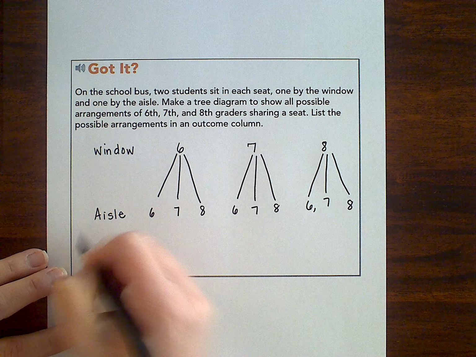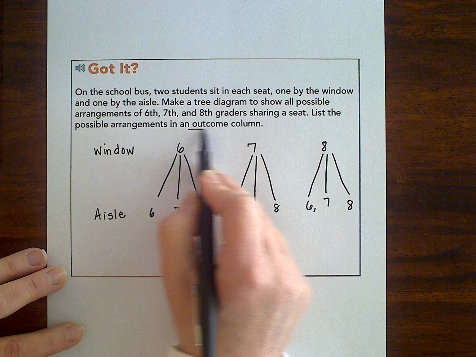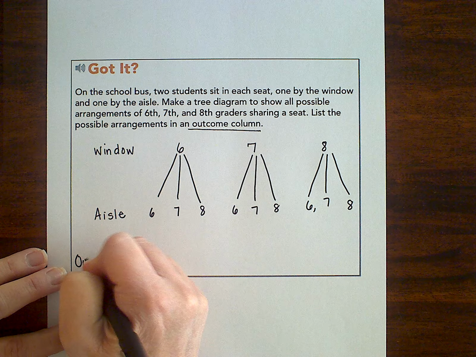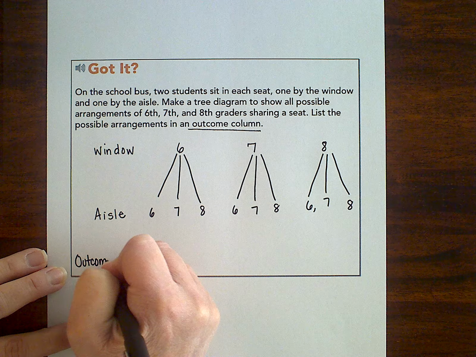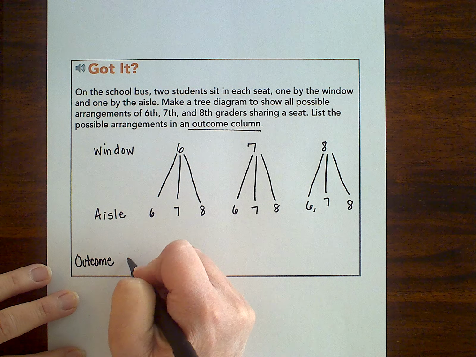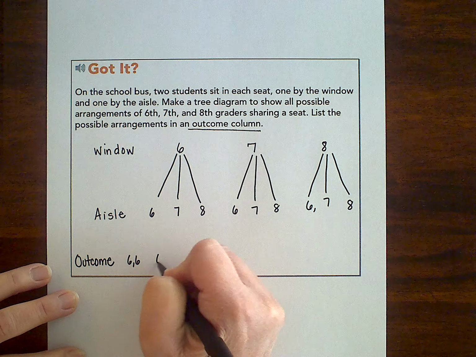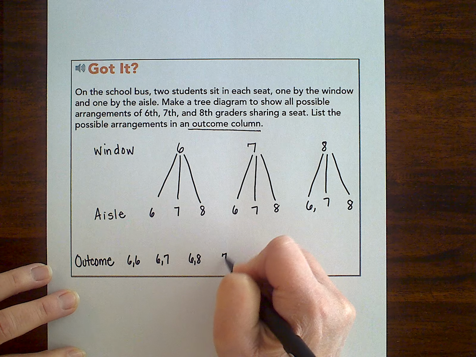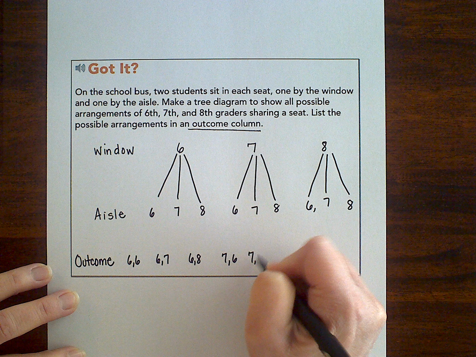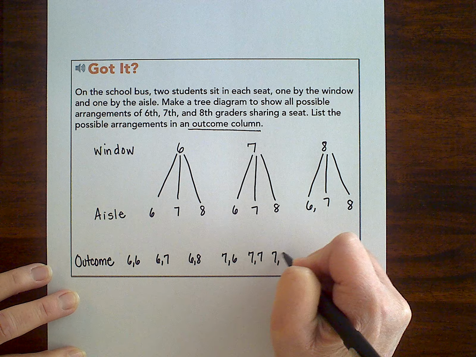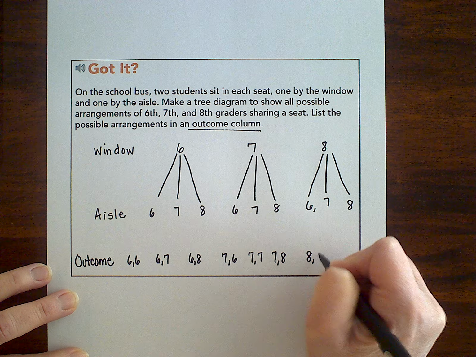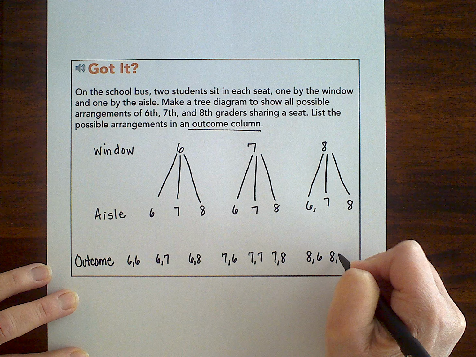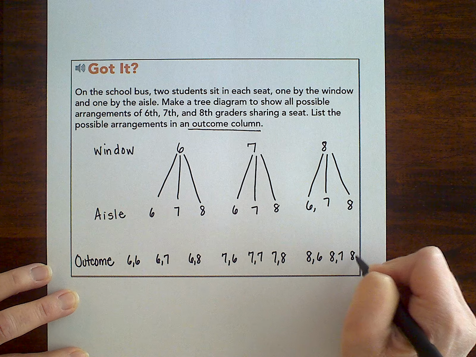And so it asks for an outcome column. And so that would be a 6 and a 6, a 6 with a 7, a 6 with an 8, 7 with a 6, 7 and 7, 7 and 8, an 8 with a 6, an 8 with a 7, and an 8 with an 8.